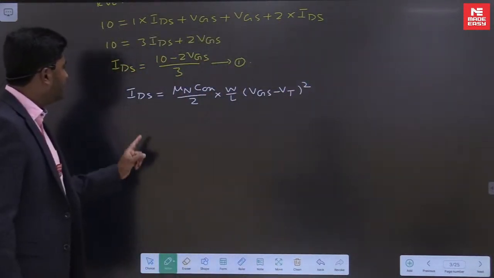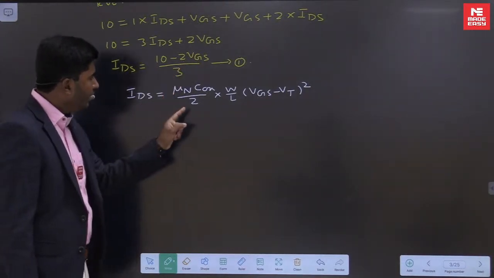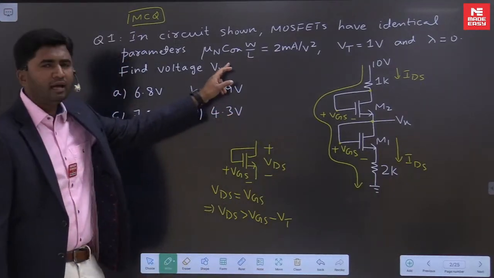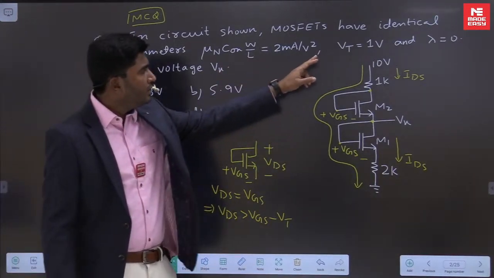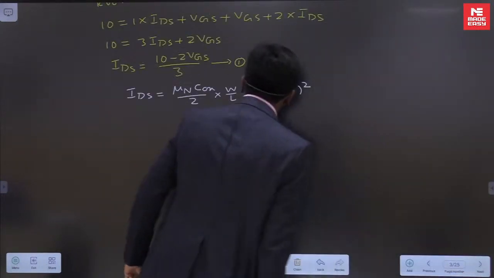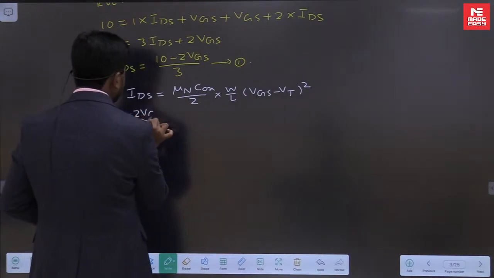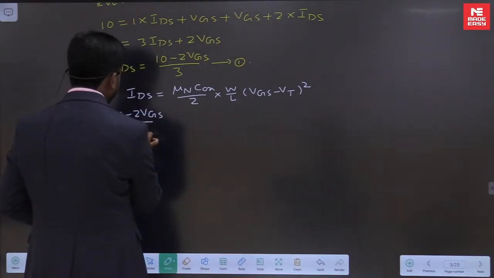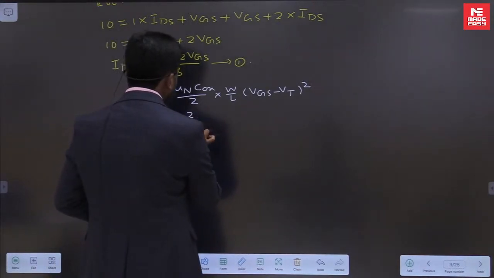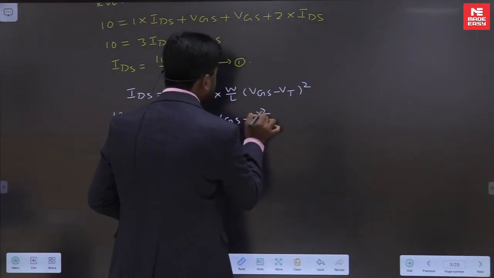Now in this equation, we will substitute the drain current, and this parameter is given in the question. It is 2 milliampere per square volt and threshold voltage is 1 volt. Let us put all the values here. This will become 10 minus 2 VGS divided by 3 is equal to 2 divided by 2 into VGS minus 1 whole square.